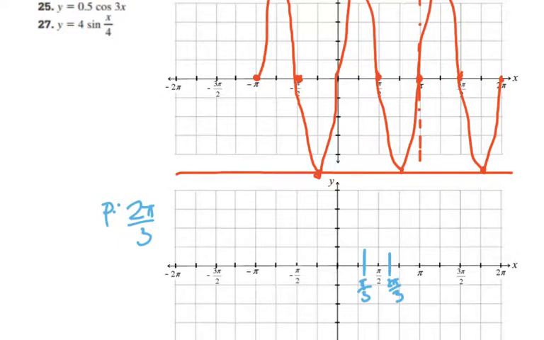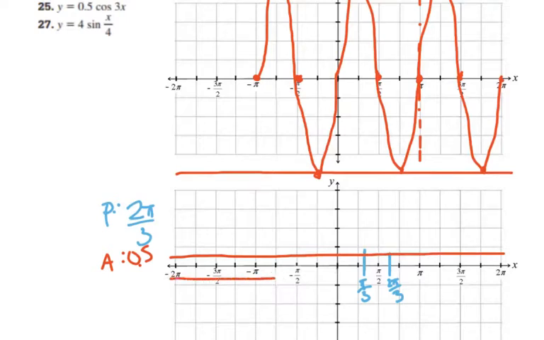Then our amplitude is a half. Oh, that's going to be gross. And that's all they give us. So it's going to be at a half. And then its period is going to happen within a 2 pi over 3, so within this piece.